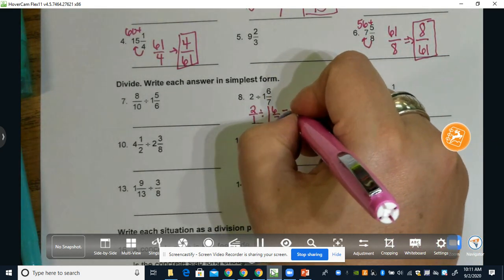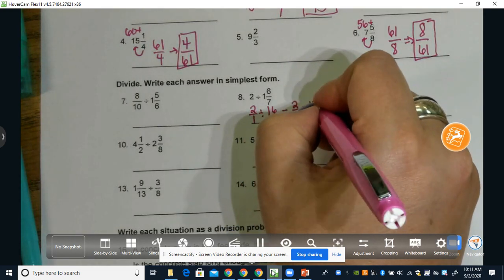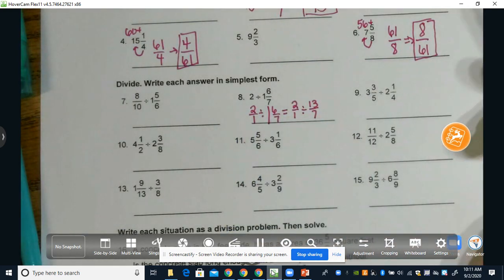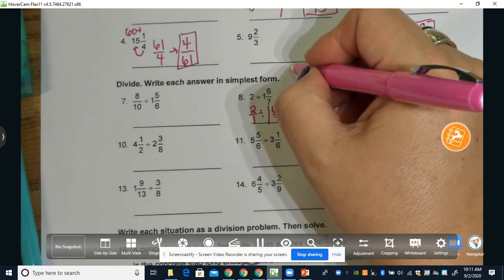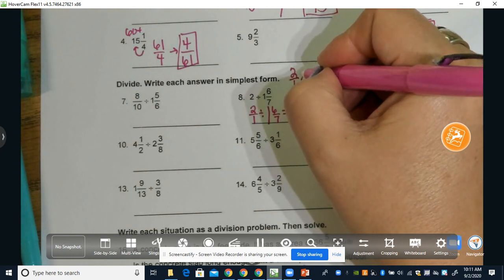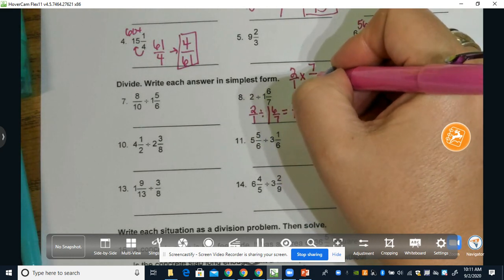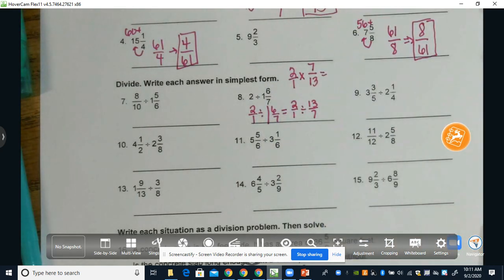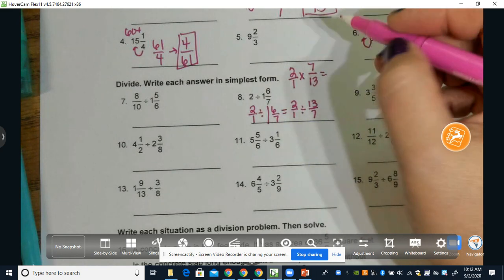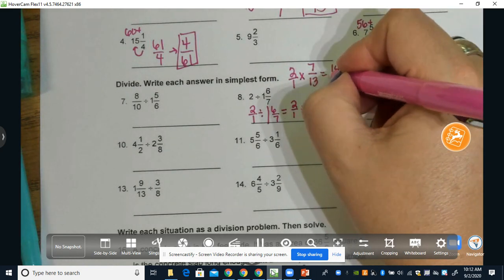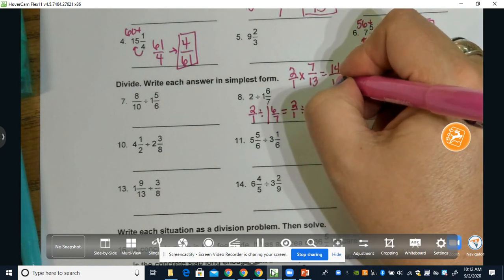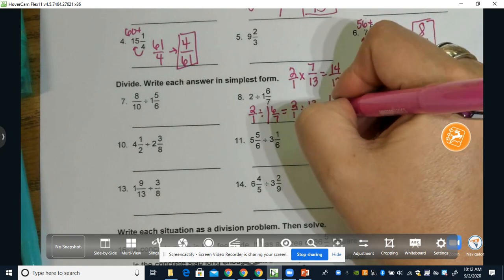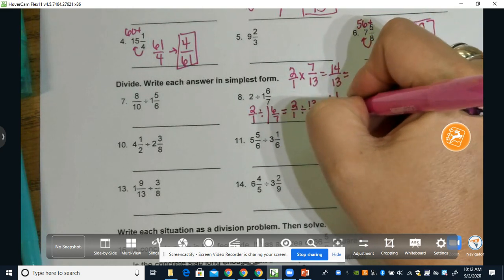So that's 2 over 1 divided by 13 over 7. Keep, change, flip. 2 over 1, keep it, multiply, find that reciprocal, so I'm flipping it around. And then there's no simplification, so 2 times 7 gives me 14. 1 times 13 gives me 13, which gives me 1 and 1 over 13.